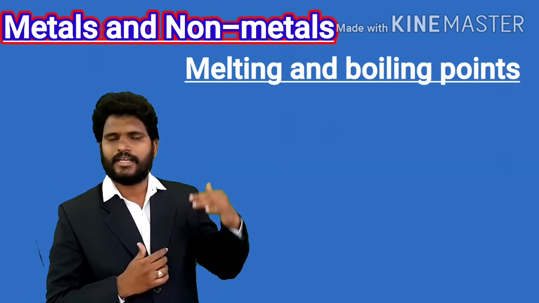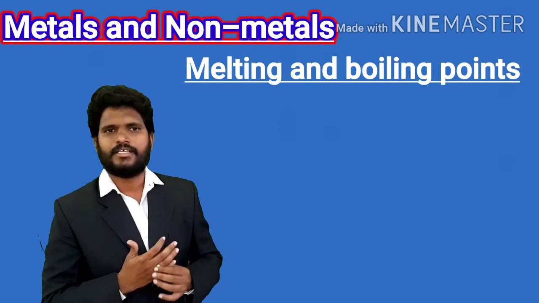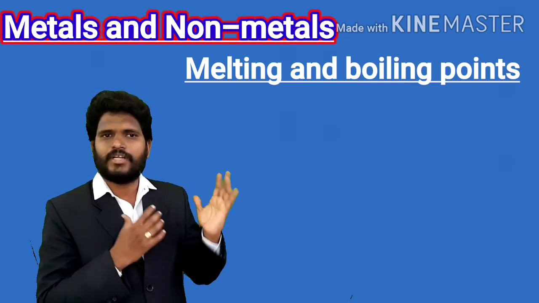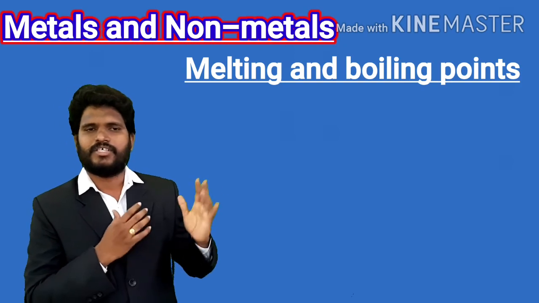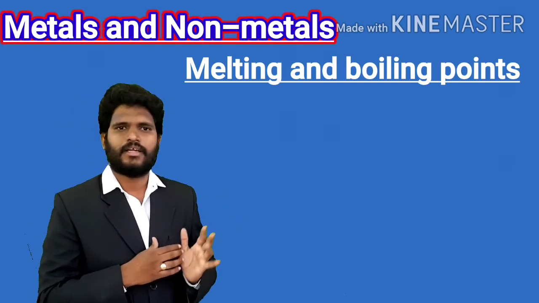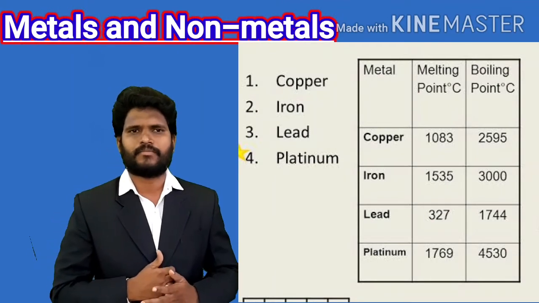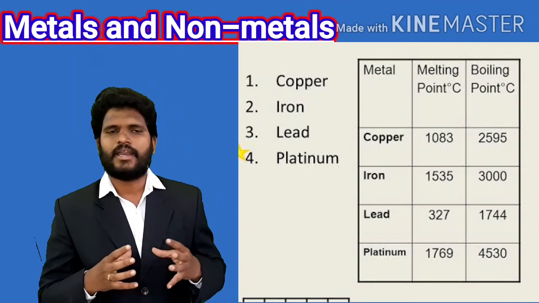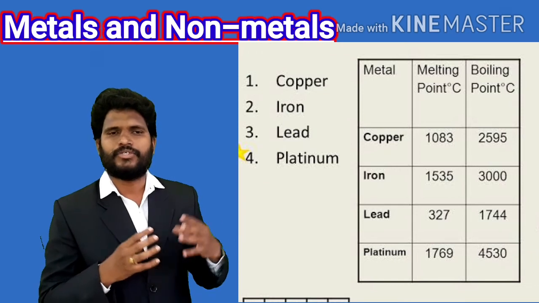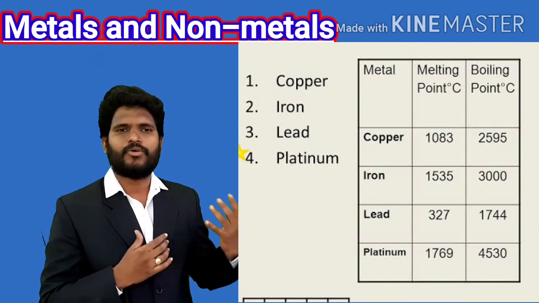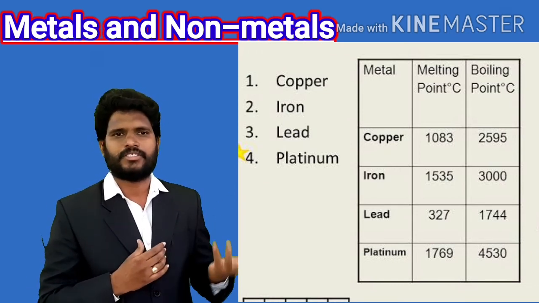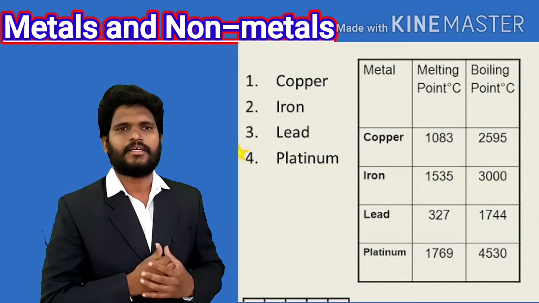Because we already learned in the first property, state, that metals are generally solids at room temperature. In the solid state, the molecules are arranged closely and compactly, so it requires a higher temperature for the boiling point and melting point.